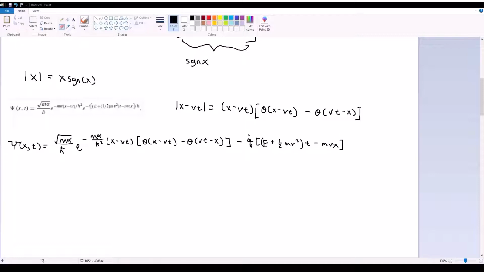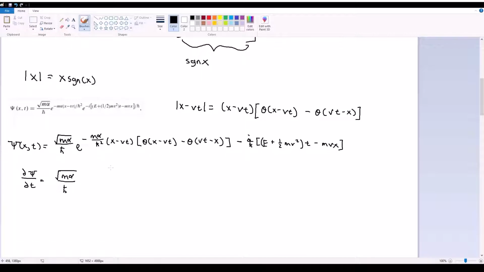Okay, so let's solve the derivatives. So start with the derivative of psi with respect to time. That's going to give us d psi by dt is going to equal, so the constants at the front remain unchanged, h bar, and then let's see.